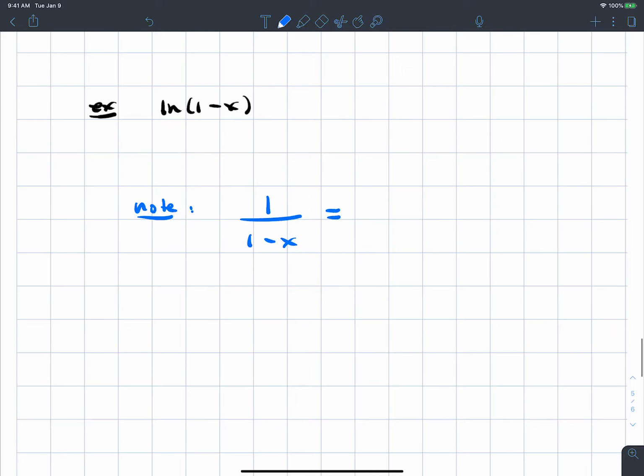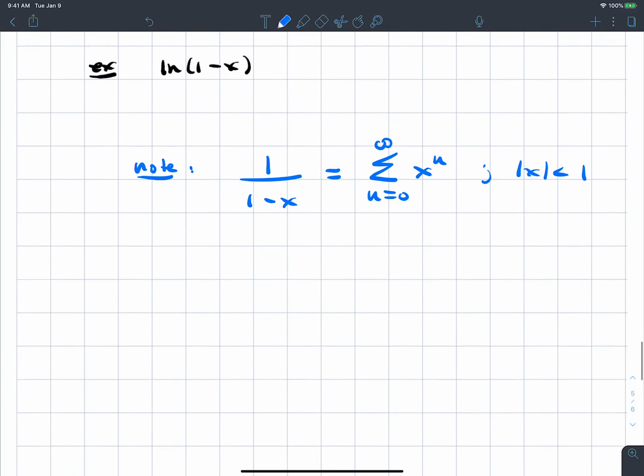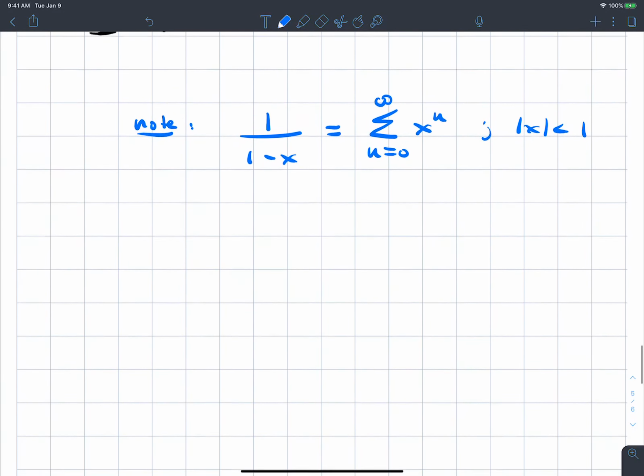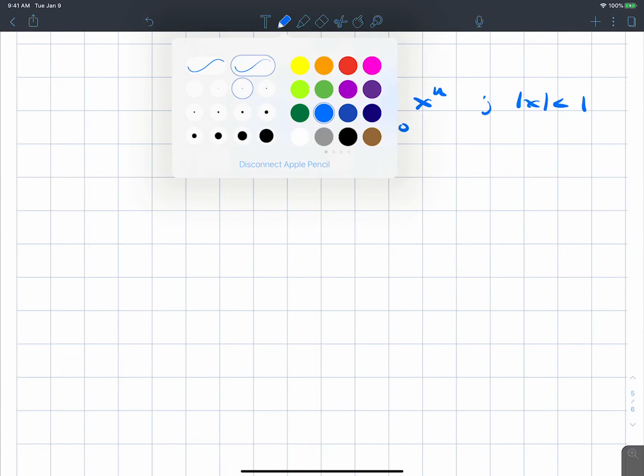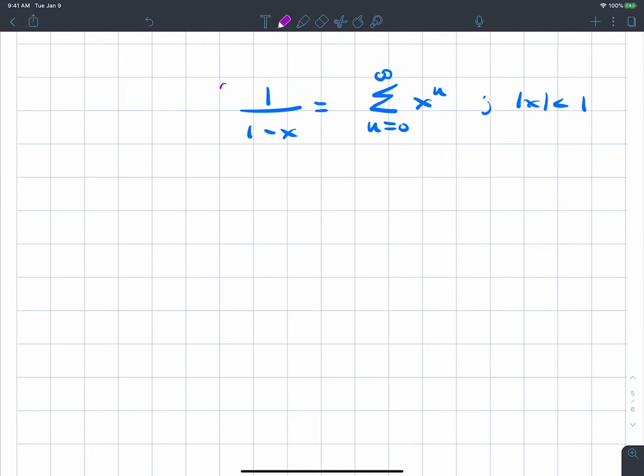We've seen the power series expansion for this as the summation of x to the n, 0 to infinity, for the absolute value of x being smaller than 1. Okay. Now, since this is a little bit different from this morning, what we're going to do is integrate both sides with respect to x.